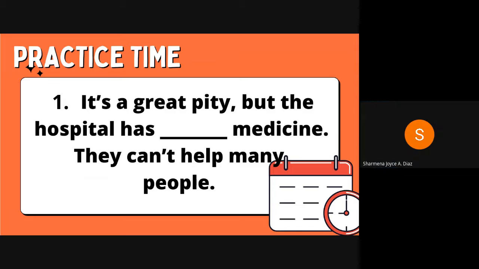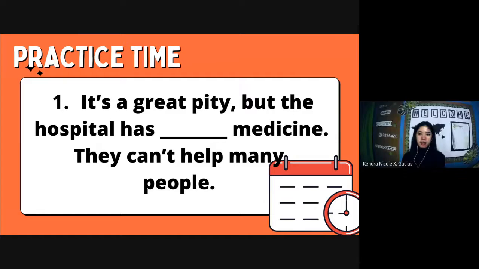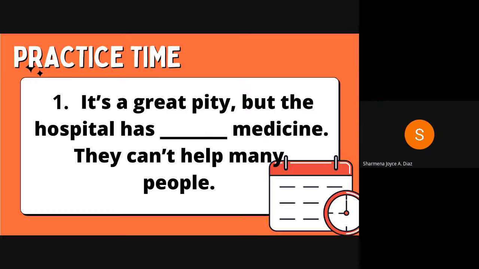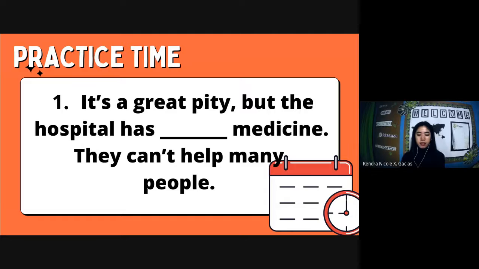Number one, it's a great pity, but the hospital has blank medicine. They can't help many people. All right. From this statement, what do you think is the missing quantifier? The answer to that question is little. Let's see if your answer is correct.